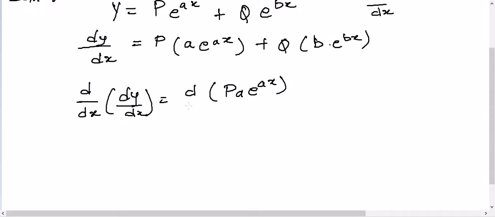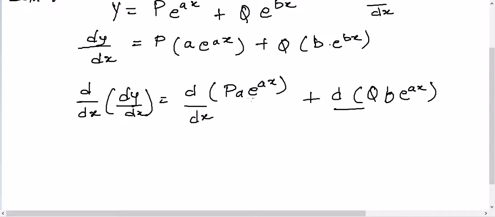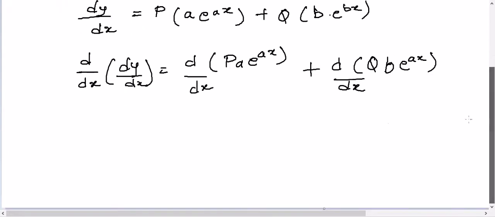We did the similar thing when we were differentiating y for the first time also. We were differentiating each term, because both the terms are added, and when we have addition, we can differentiate them individually. That is one of the properties.